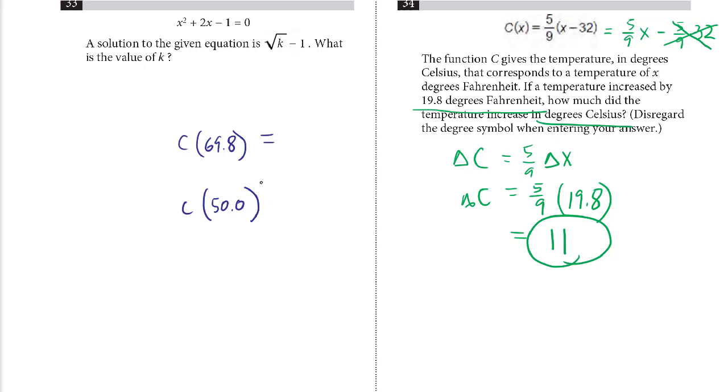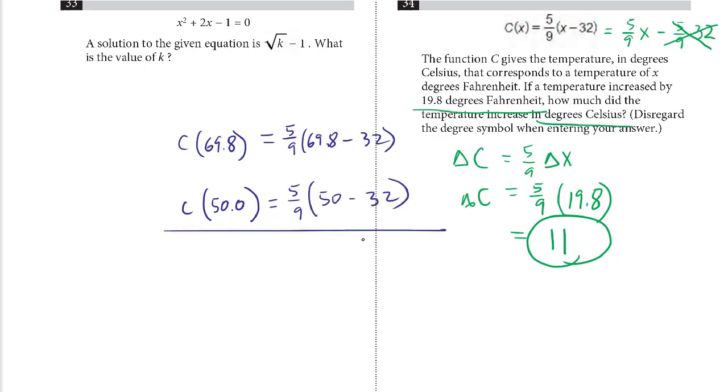C of 50. That's a difference of 19.8 degrees in Fahrenheit, my x. So what does that mean for the numbers? It's going to be 5/9 times 69.8 minus 32. And at 50 degrees, it'll be 5/9 times 50 minus 32.